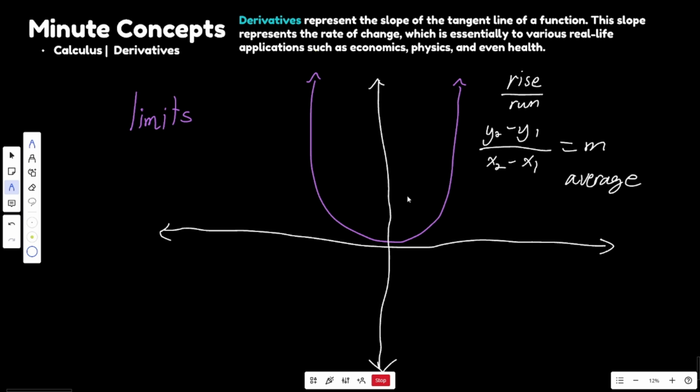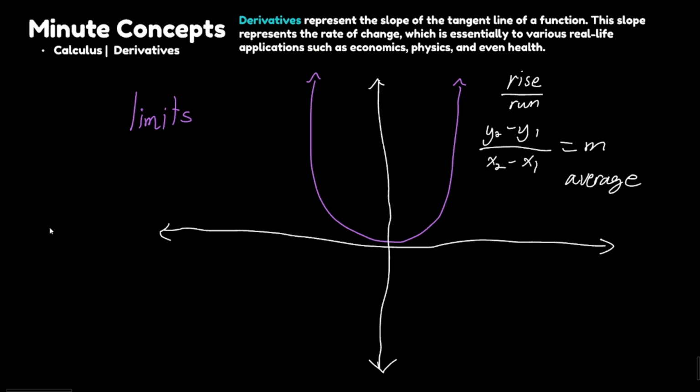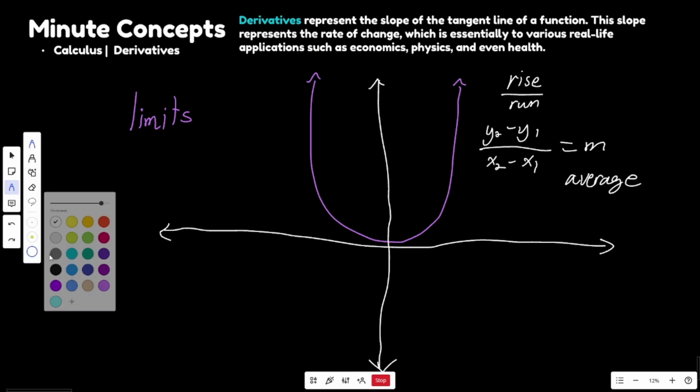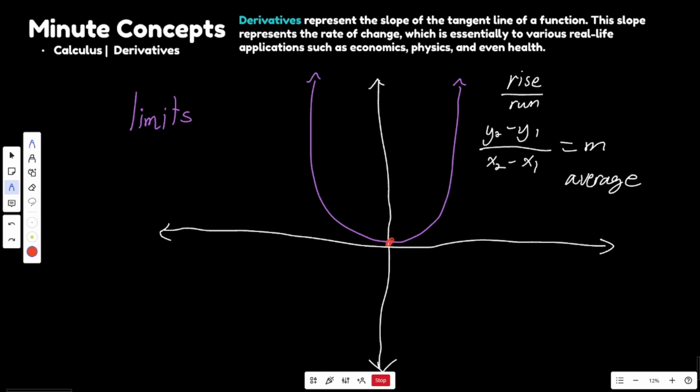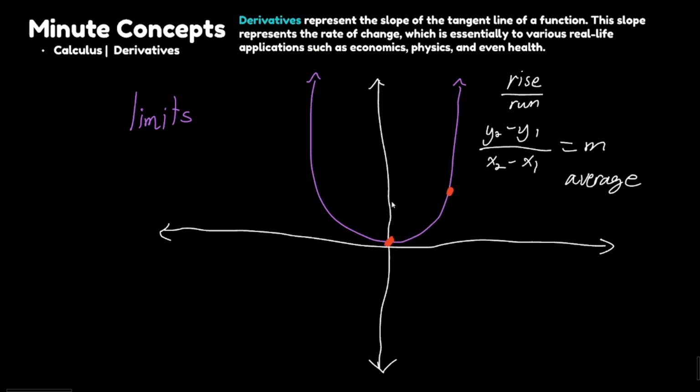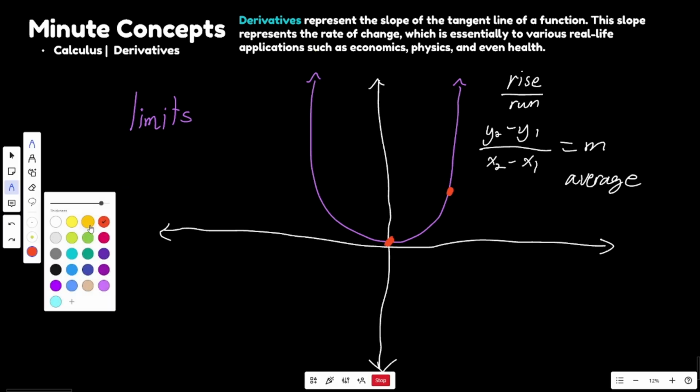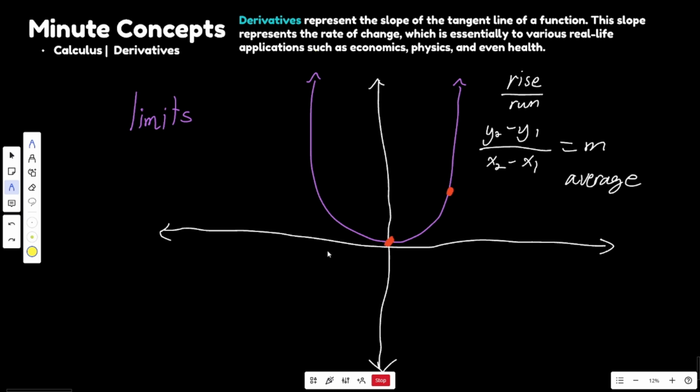Basically, what this does is we pick 2 points. Let's say that we're going to use this point here, highlighted by the red, and you want to see the rate of change, or the average change, from this point all the way here. I don't know what those values are yet, so let's just assign points. This one right here is close enough to the origin, so let's just say that this is 0, 0.